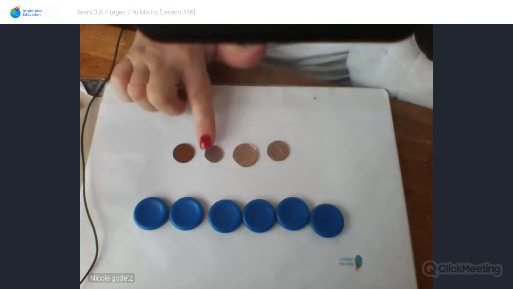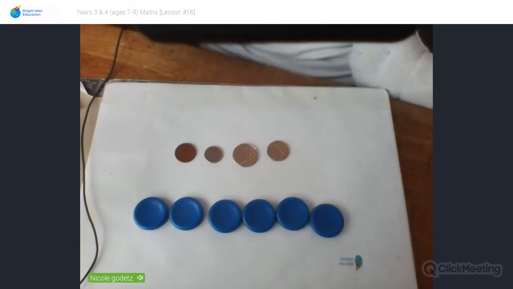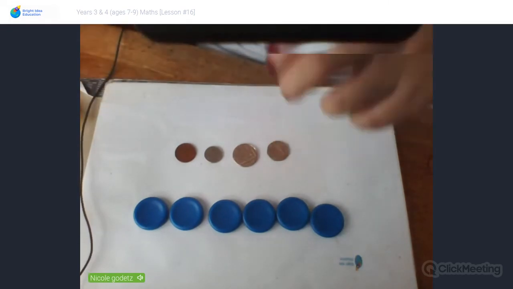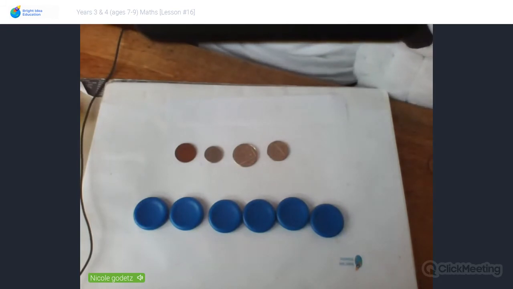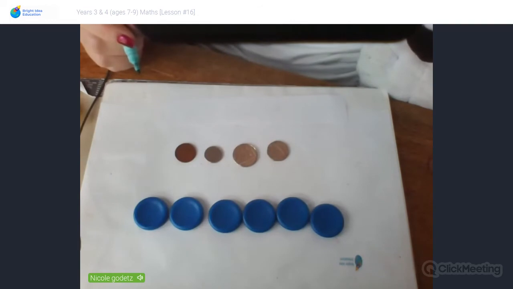A 20, a 10, a 5, and a 1. Okay, I have 36p.